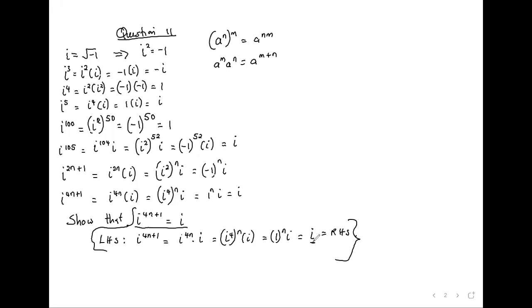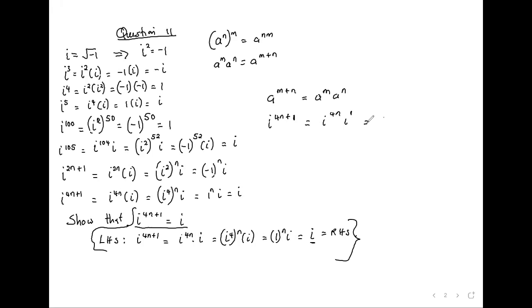If you pick the left-hand side, i to the power 4n plus 1, this is like you are dealing with a^(m+n) is going to be a^m times a^n. So now our a is i, our m is 4n, plus our n is 1. This is going to be i to the power 4n multiplied by i to the power 1.